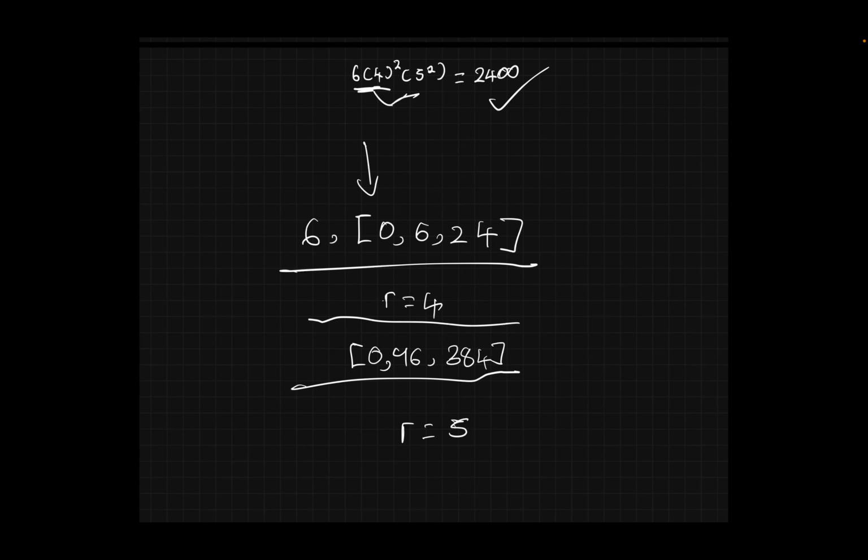Now the verifier sampled r equals 4. If you do 6a at 4, that's 24. If you do 6a squared at 4, that's 6 times 16, which is 96. So the claimed sum will not match.